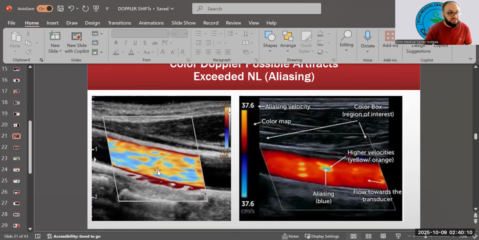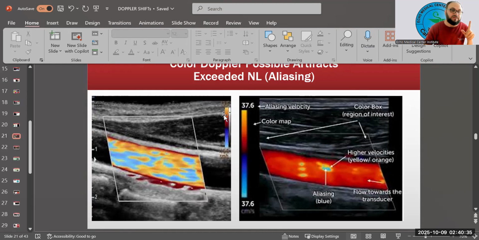This velocity is a lot higher than this scale, or we can say this Nyquist limit. Here the Nyquist limit looks like 10.5 centimeter per second, same thing, minus 10.5 centimeter per second. Maybe this flow is 30 centimeter per second, maybe 50, maybe 60, 70 centimeter per second. It means the velocity is very high, but the scale you're using is wrong.